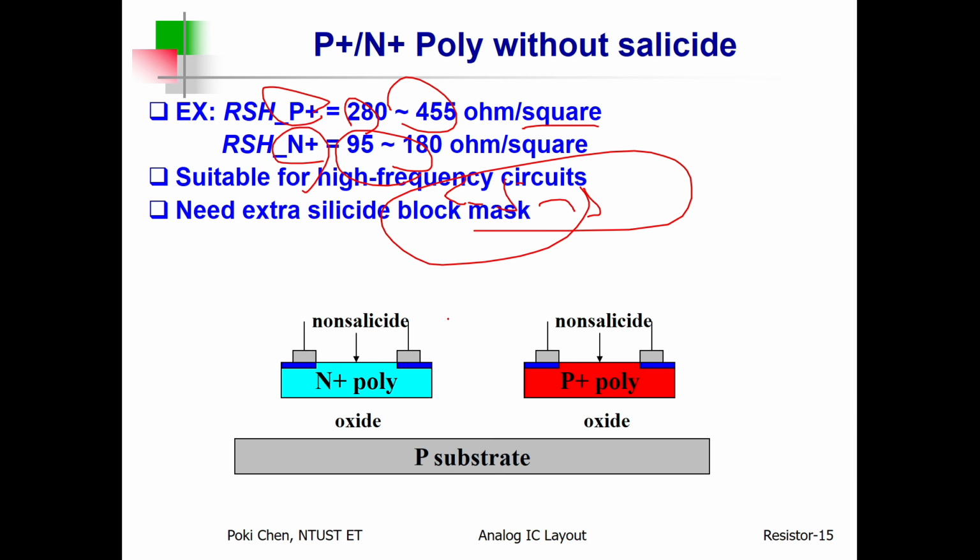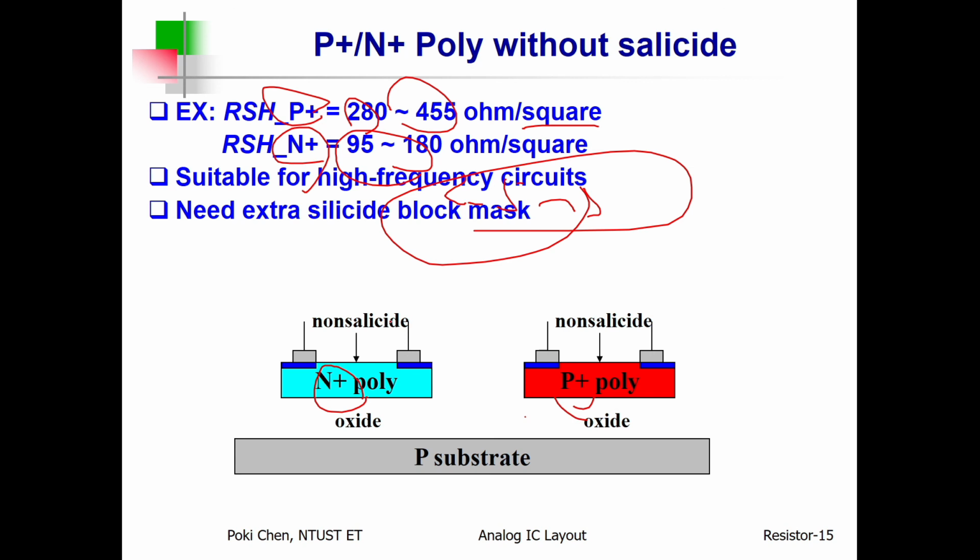If you would like to enlarge the resistance to make it even higher, then what can you do? Please have a look at such detail. We still have N plus or P plus doping. N plus or P plus doping is good for conductivity. However, on the contrary, it's really bad for resistivity.